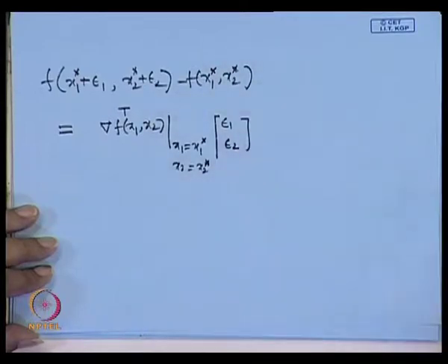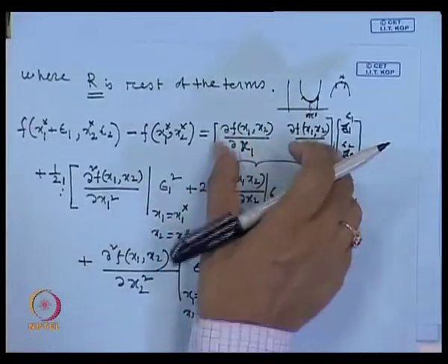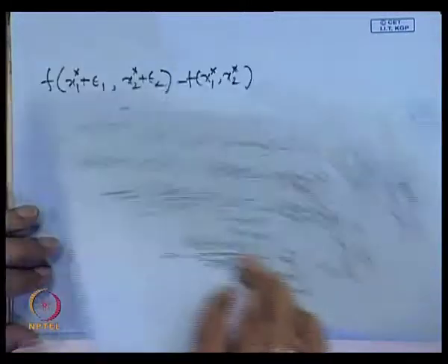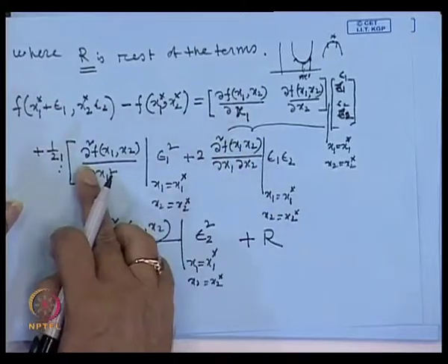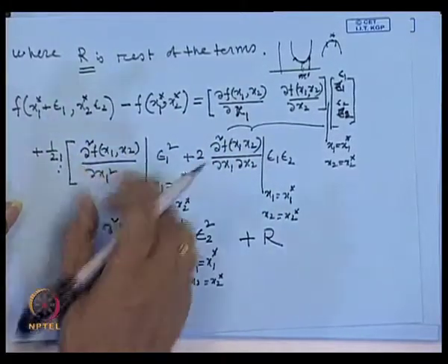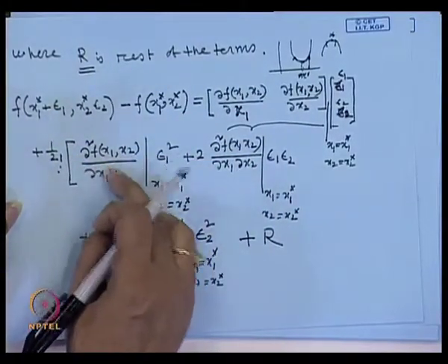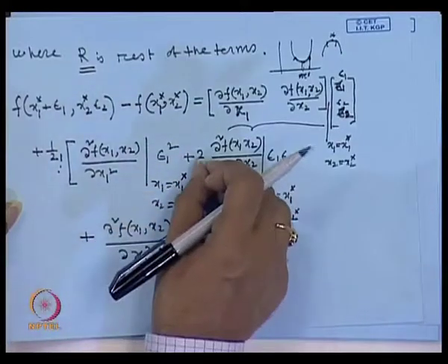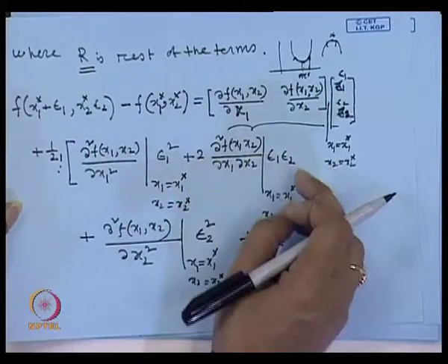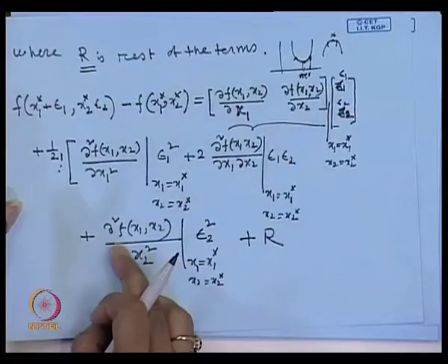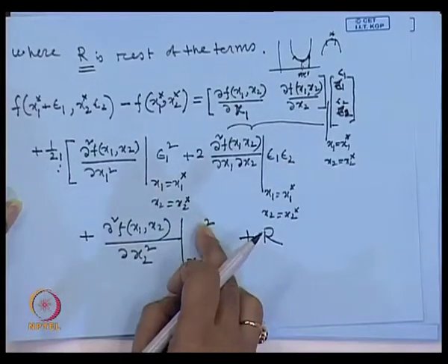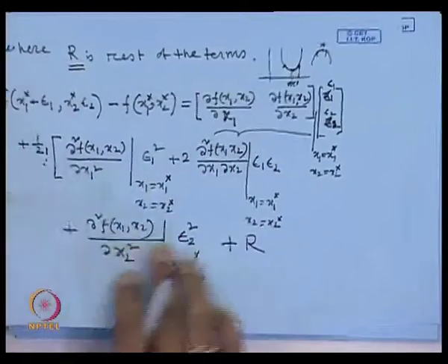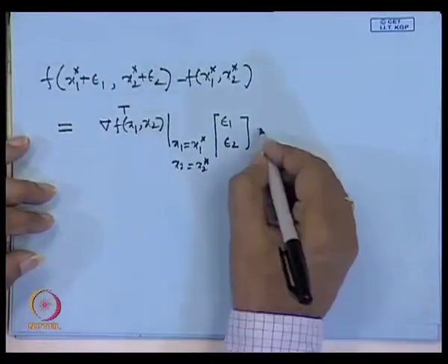See, this I have written is gradient transpose epsilon 1 epsilon 2, and the other term, this is a scalar quantity, you can say A epsilon 1 square, 2 B epsilon 1 epsilon 2, C epsilon 2 square. So, it is a quadratic form, I can always write that into this form.